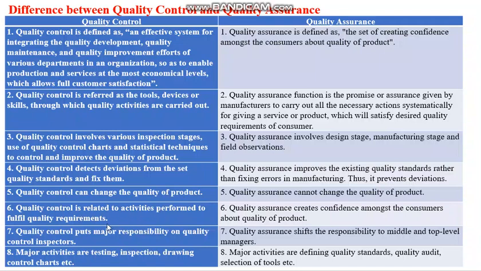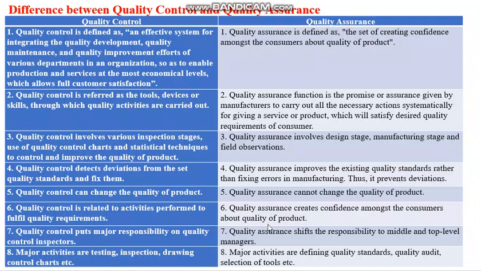Then the sixth one: quality control is related to activities performed to fulfill quality requirements. So these are the activities which we are doing so that the quality requirements are fulfilled.